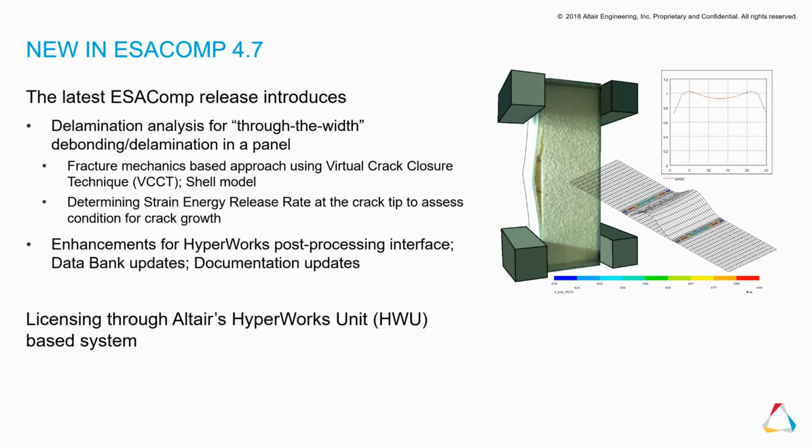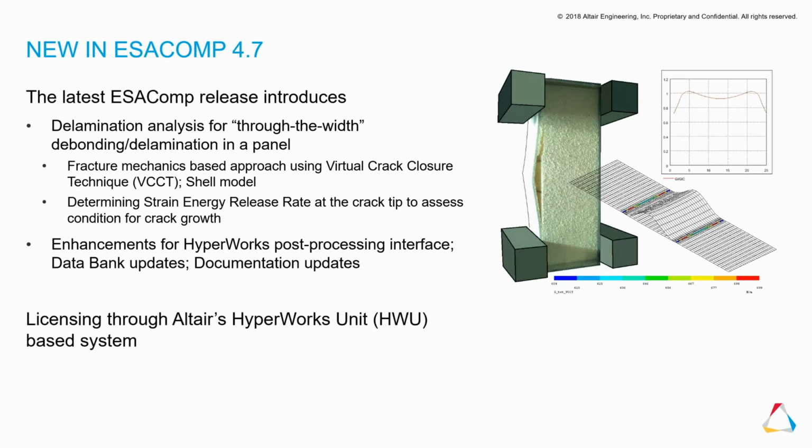The very important thing of the new version is that it's now under Altair's HyperWorks unit-based licensing system. This is a unique system where all the Altair HyperWorks tools can be used with the same licensing, with the same HyperWorks units. When you have a certain number of units, you can use all the Altair HyperWorks tools which require not more than this amount of units.